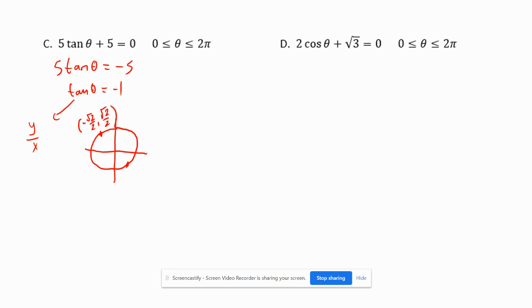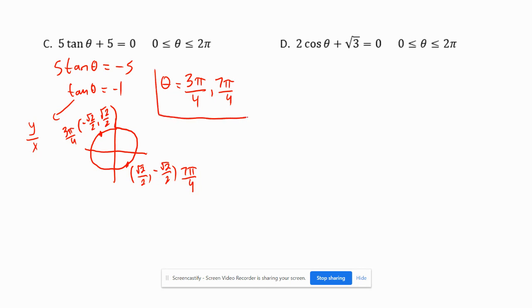We're going from 0 to 2 pi, so this angle over here is 3 pi over 4. And it happens here, where we have a positive √2/2, but then a negative y coordinate, -√2/2, and this is at 7 pi over 4. So our solutions here can be those guys right here.